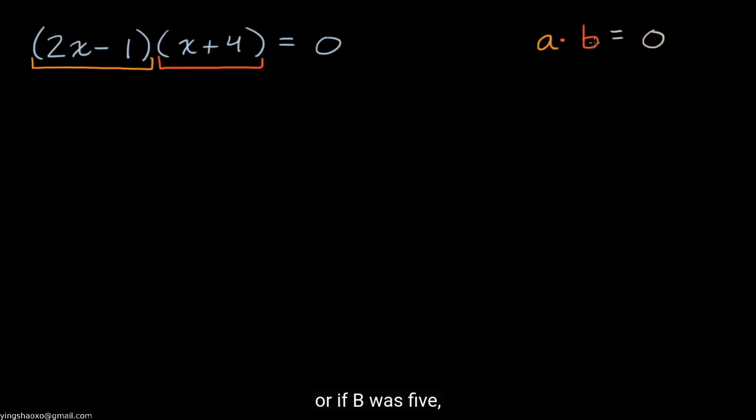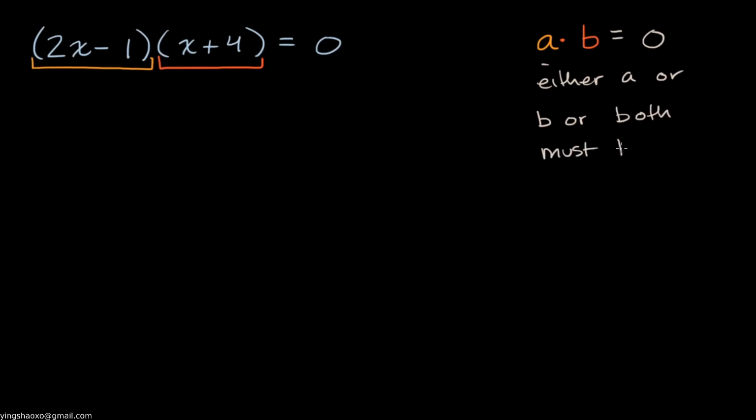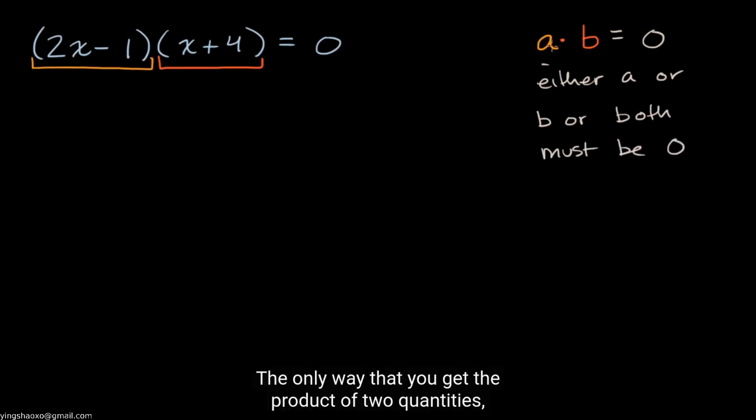Or if b was 5, the only way to get 0 is if a is 0. So you see from this example, either a or b or both, because 0 times 0 is 0, must be 0. The only way that you get the product of two quantities and you get 0 is if one or both of them is equal to 0.